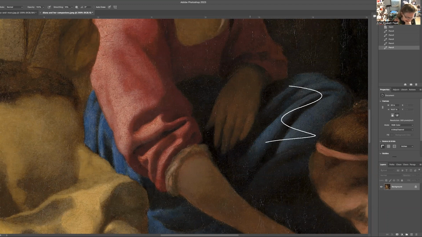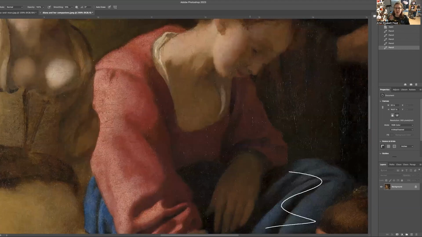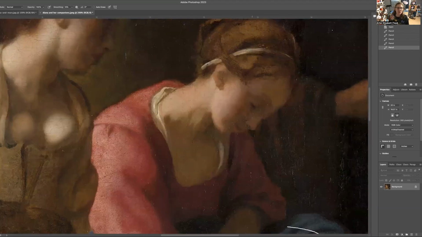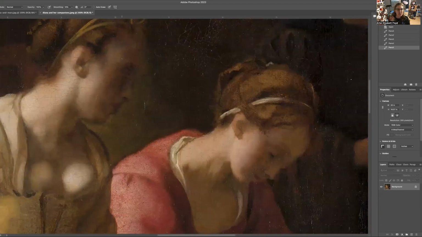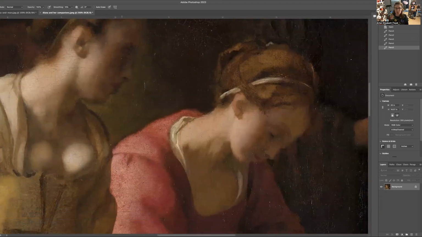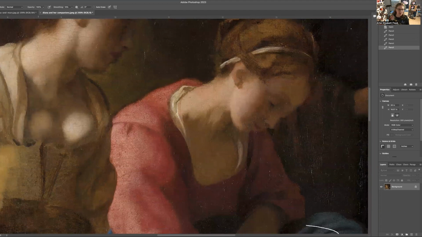I remember reading something, and let me find it real quick. I read it. Oh yeah. So in the flesh tones, all the flesh tones in the shadow shapes, Vermeer used blue smalt to create his shadow shapes.